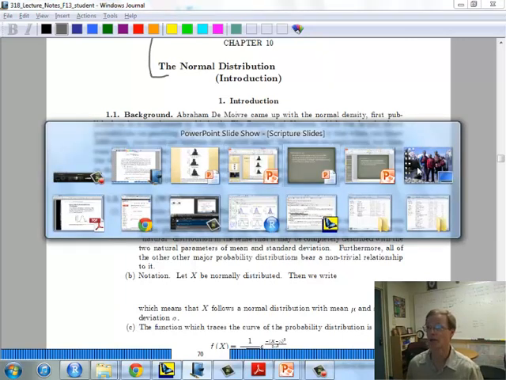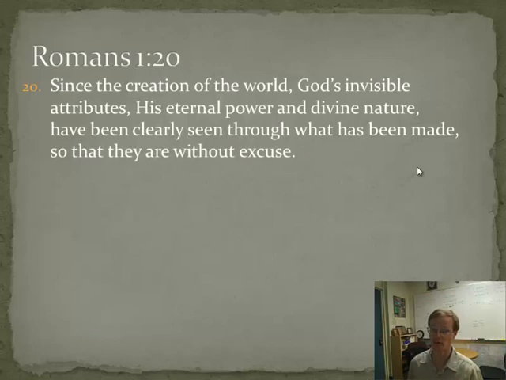And so I'd like to start off with Romans chapter 1, verse 20. Since the creation of the world, God's invisible attributes, His eternal power and divine nature have been clearly seen through what has been made, so that they are without excuse.